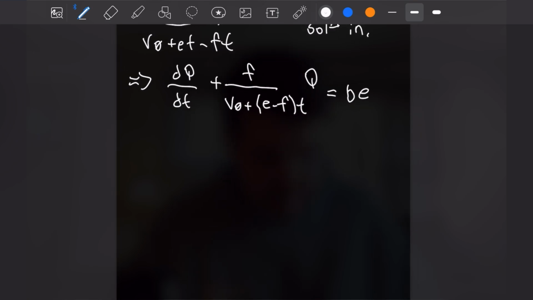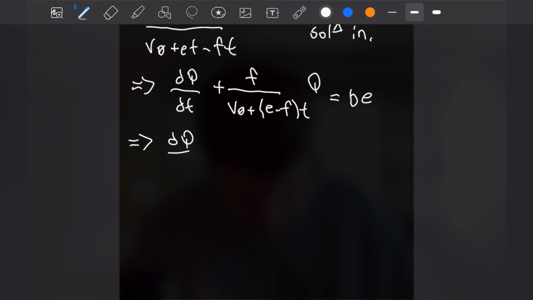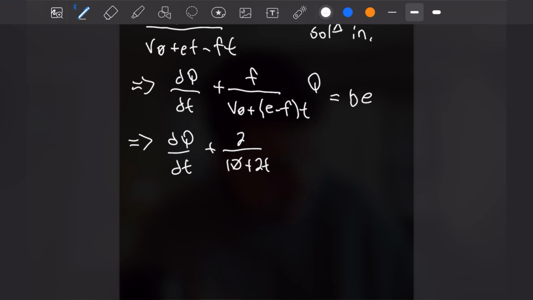So let's go ahead and make our substitutions into this differential equation and solve. We will get dQ over dt plus 2 over 10 plus 2t times Q is equal to 4.